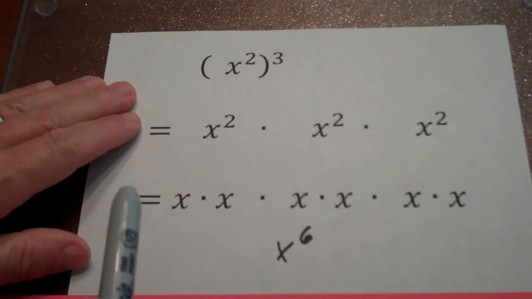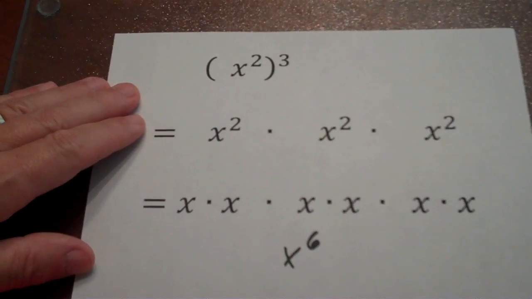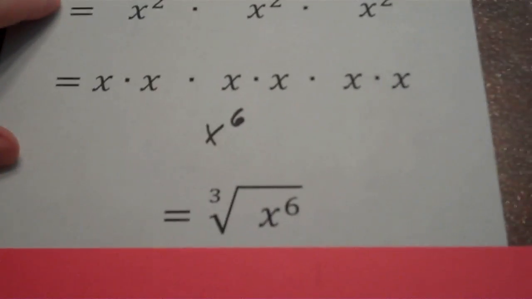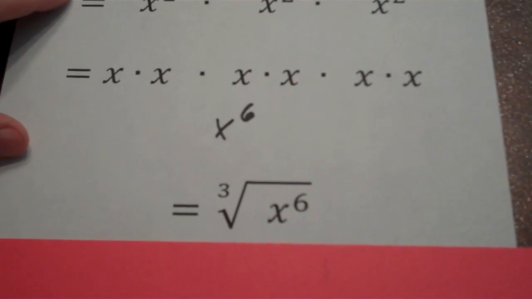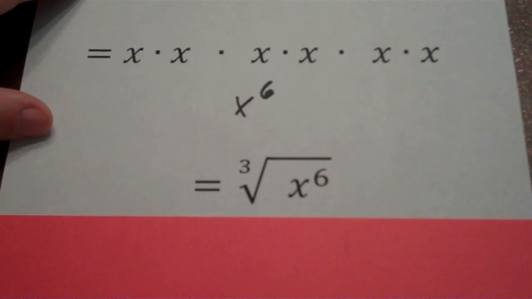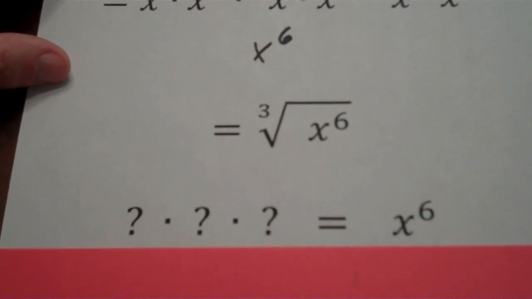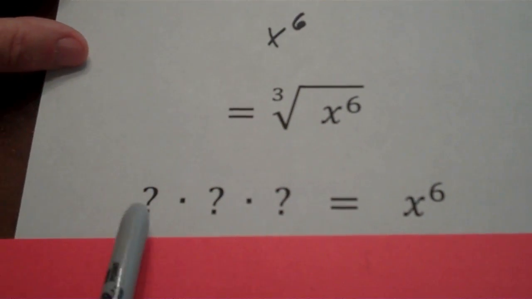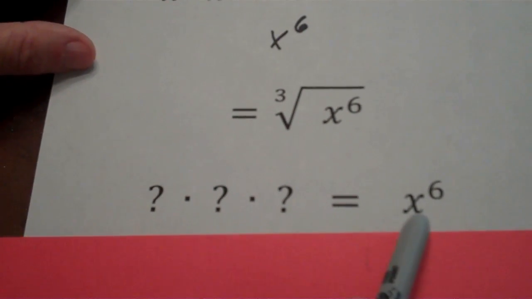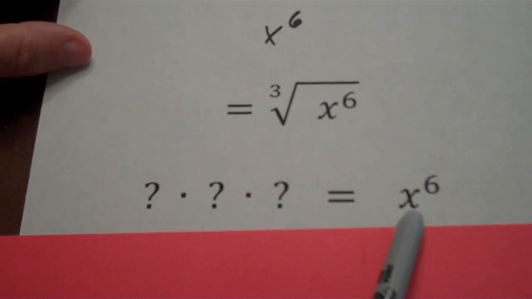I have x to the second to the third power equals x to the sixth. So let's consider how you would find the third root of x to the sixth. It's a very similar rule, pretty much the reverse of what we just did, but let's take a look at it. My real question is, what number multiplied times itself 3 times yields x to the sixth power?